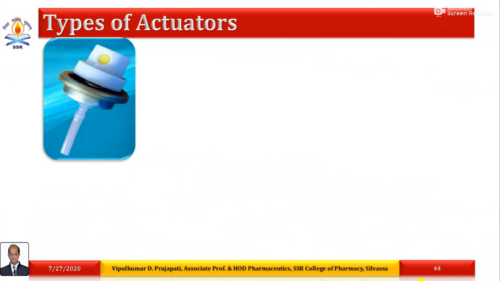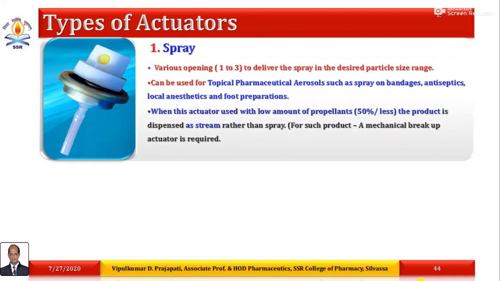These are different images of different types of actuators. First is the spray actuator, with various openings, 1 to 3, of definite size of orifice to deliver the spray in the desired particle size range.